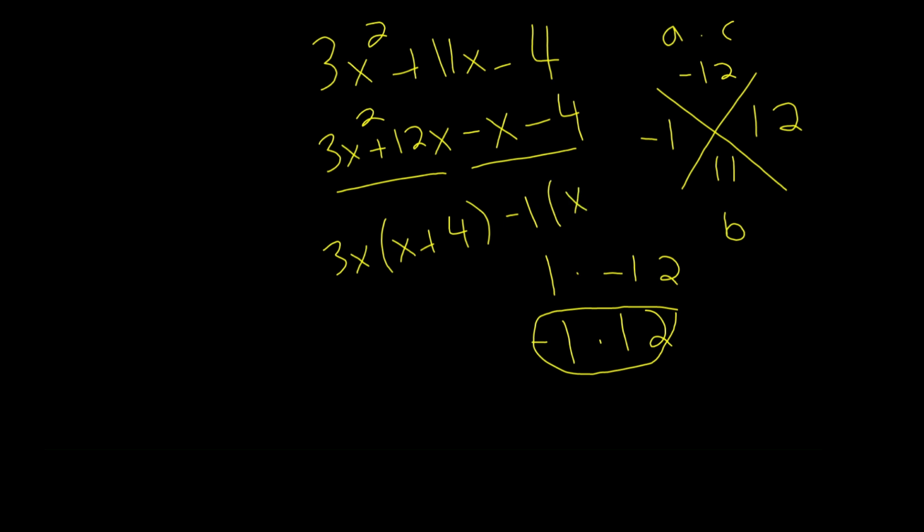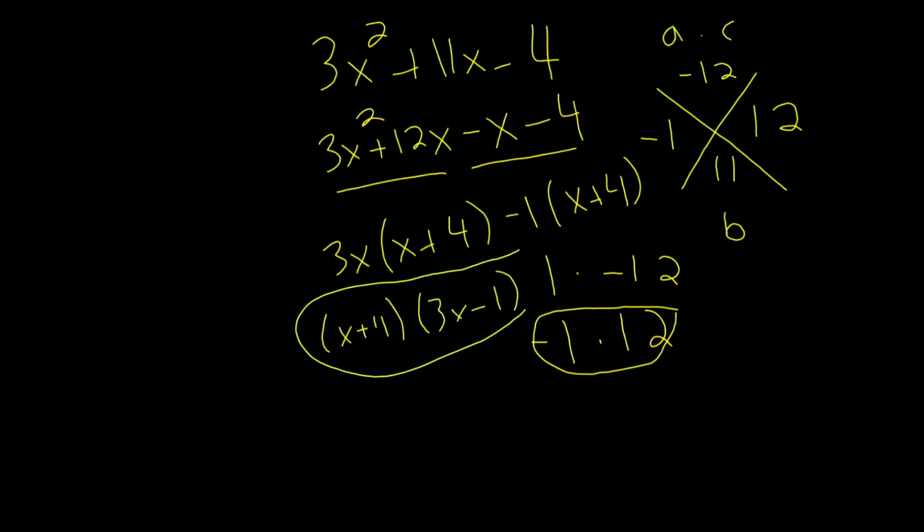Negative 4 divided by negative 1, that's plus 4. And because these two are the same, we know we did it right. Now, because these two are the same, we write that right there, x plus 4, times this term plus this term, 3x plus negative 1, or 3x minus 1. And this is our factored form.